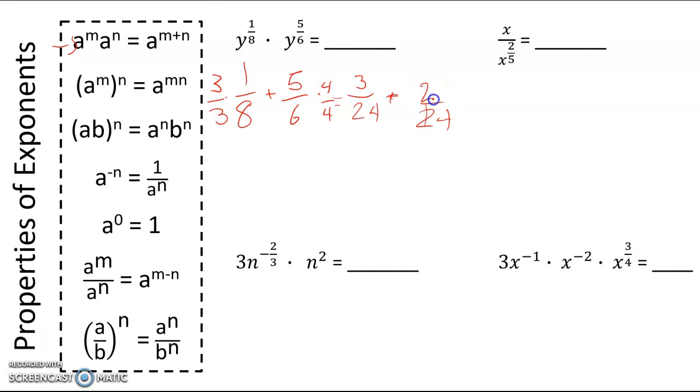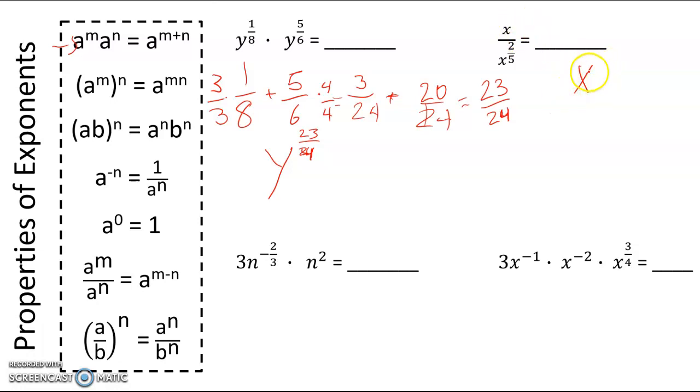And then when we're adding fractions, all we do is add the top. We don't add the bottom, we add the top to get ourselves 23/24. And remember, that's just our exponents. So our final answer is going to be y to the 23rd/24th power.